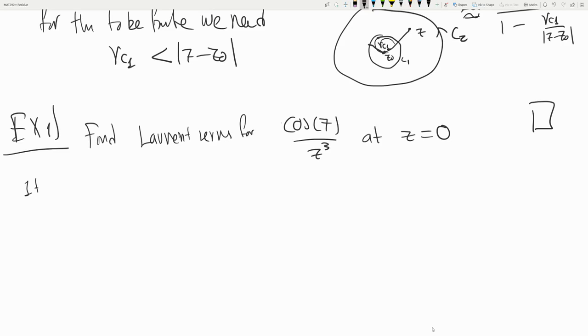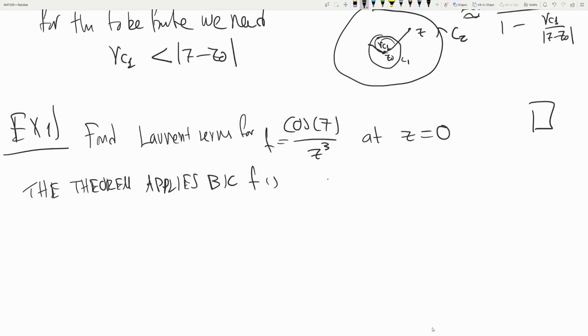It's possible. The theorem applies because this function is analytic.